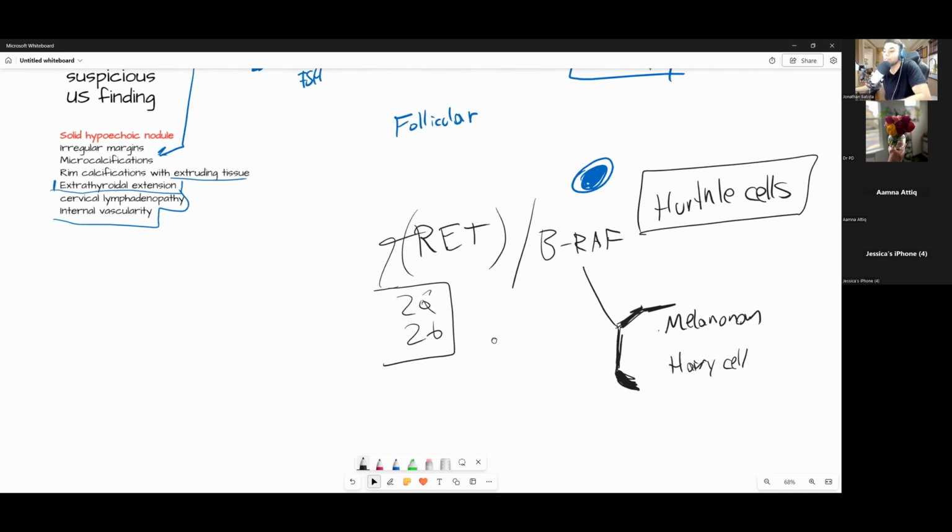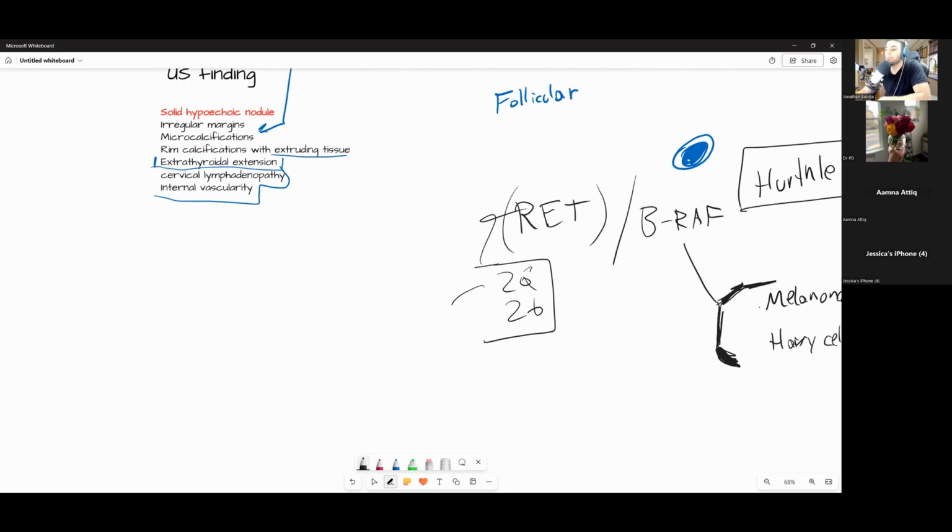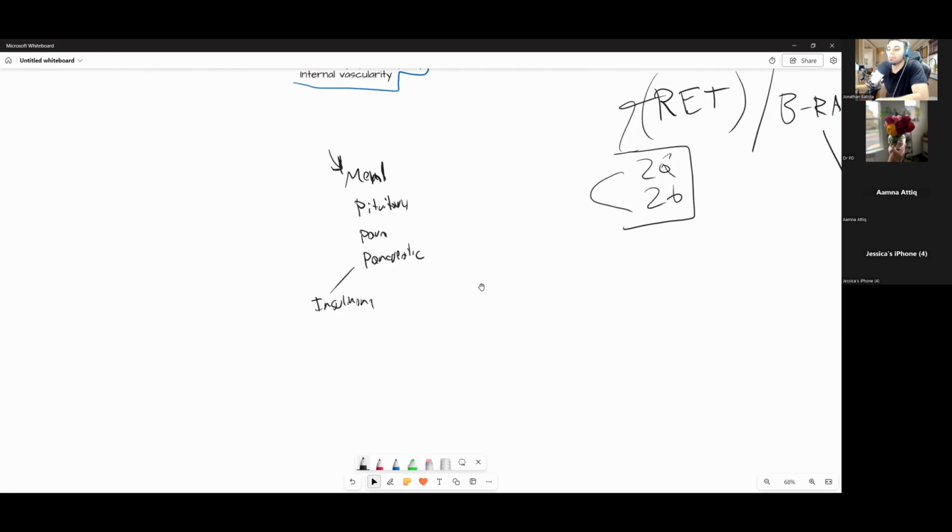Let's say MEN diseases. We just mentioned MEN. So can you tell me about MEN diseases? We have three different types. We have MEN 1. What is found in MEN 1? So we have the three P's basically: pituitary adenoma, parathyroid hyperplasia, and pancreatic cancer, which can either be insulinoma or glucagonoma, gastrinoma, Zollinger-Ellison type, right?